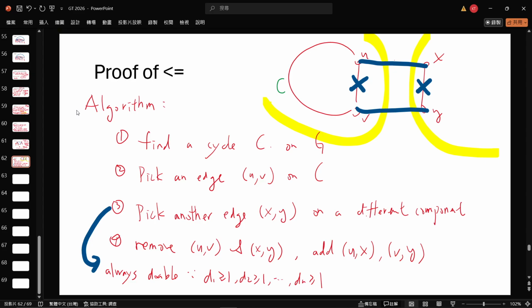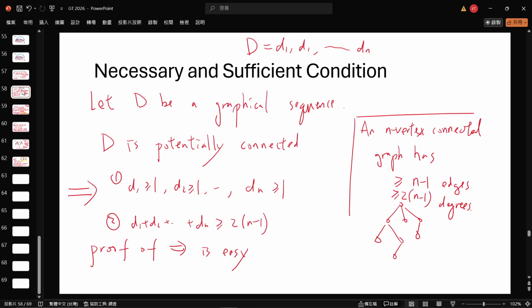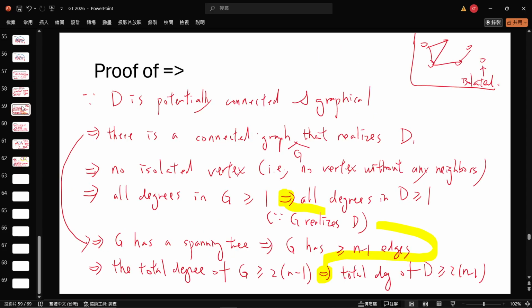Well, not necessarily. Say if I remove this edge, then this is a component without any cycles. So it's possible that a component has no cycles.